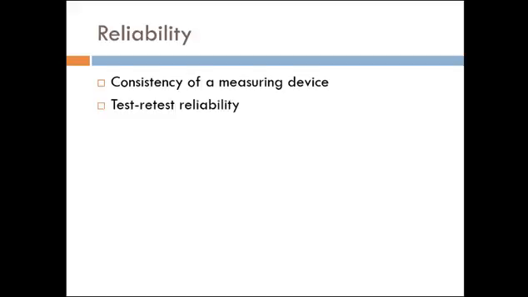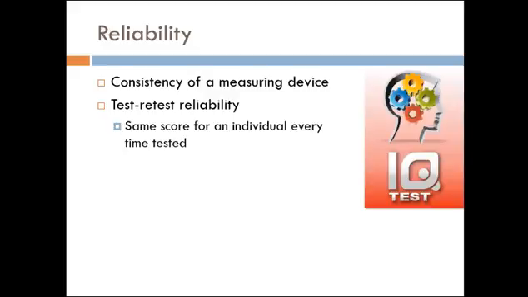Things like that. Now, one way of establishing reliability is test-retest reliability. This is exactly what it sounds like. You give the test to the same individual more than once and see if they get the same score both times. So, same score for an individual every time you test them. Something that we use in psychology that is highly reliable is IQ tests.